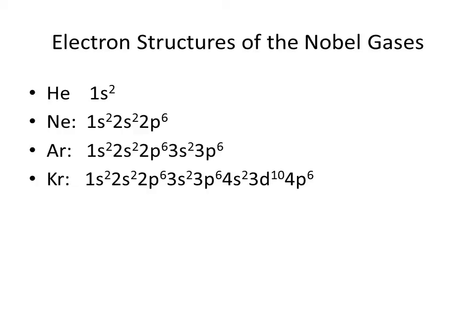Lithium will try to react in such a way that it gets the helium 1s2 electron configuration. Fluorine will try to react in such a way that it gets the s2p6 arrangement of neon. Sodium will try to react in such a way that it gets the s2p6 arrangement of neon.